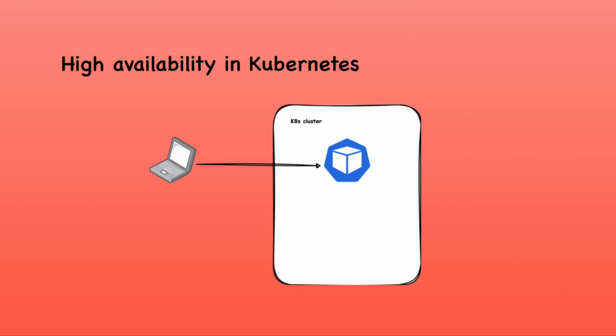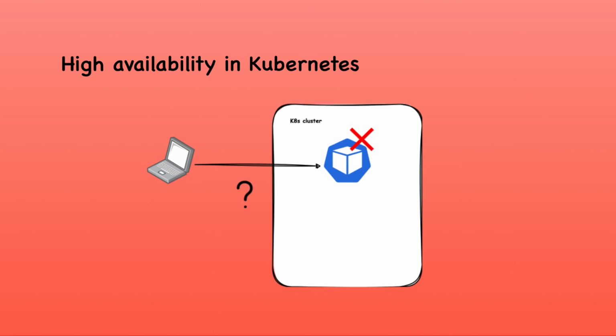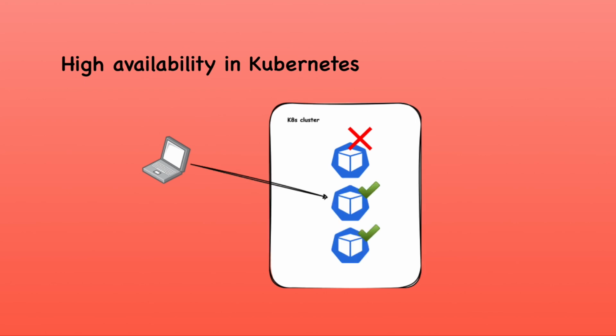And that all works fine so long as all of the infrastructure and the pod itself is healthy. But what happens if the pod is no longer healthy? Suddenly we have a scenario where the application that is running in that pod is no longer available to the users of that application. And this is where high availability in Kubernetes comes in.